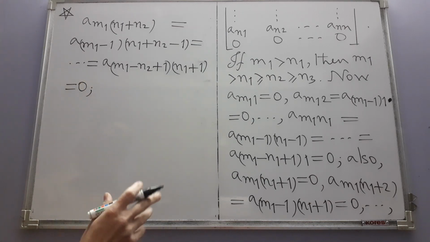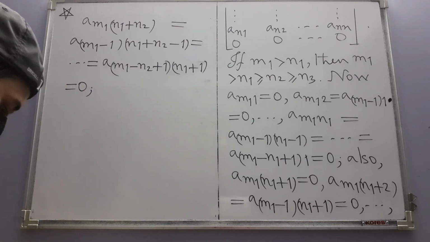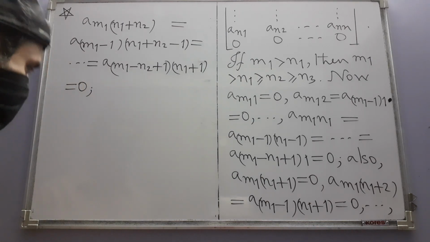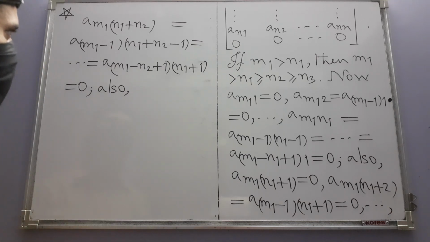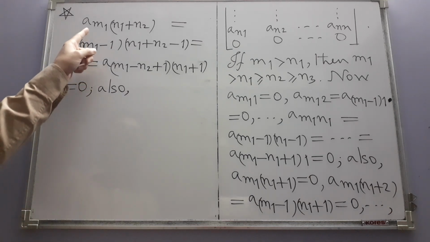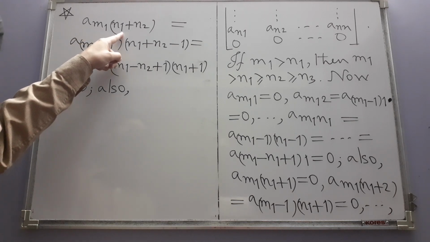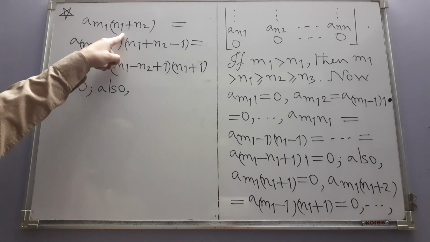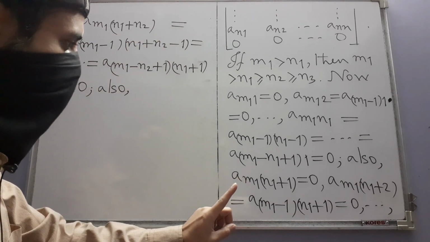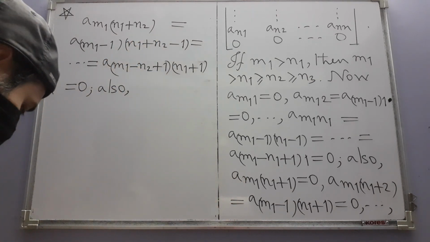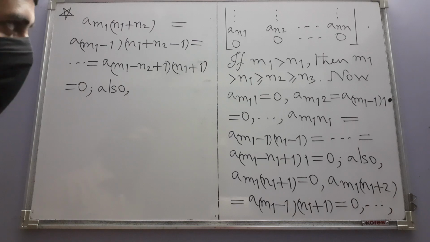But things don't quite stop here, because more columns are there. So after that, we will naturally consider the column whose second index is n1 plus n2 plus 1. And that entry is immediately 0.